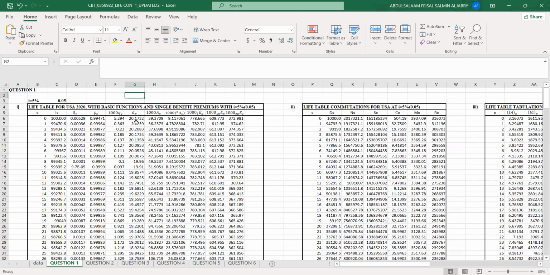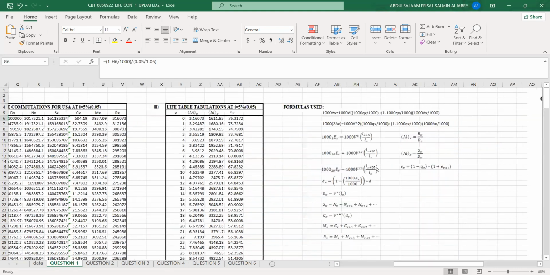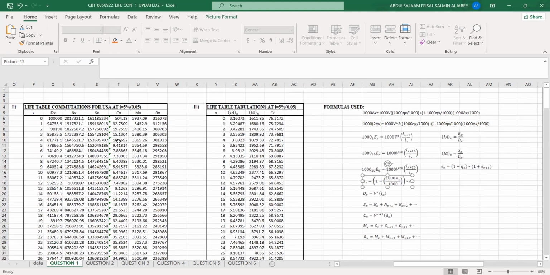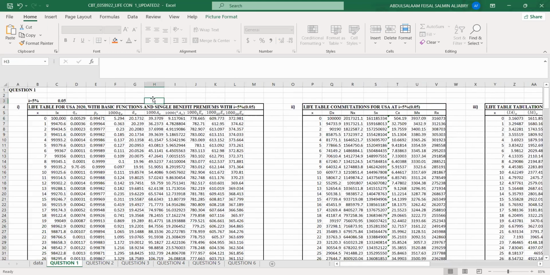For ä_x, the formulas for these components from here to here, I basically just wrote them to simplify: ä_x, 1000 Ax, 1000 A²x, 1000 5Ex, 1000 10Ex, and 1000 20Ex.